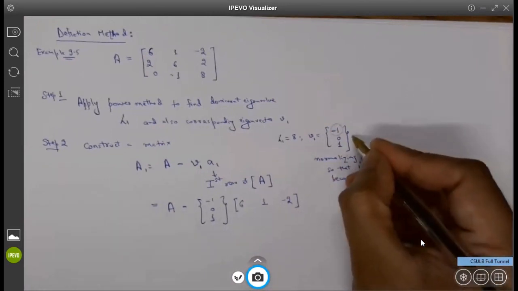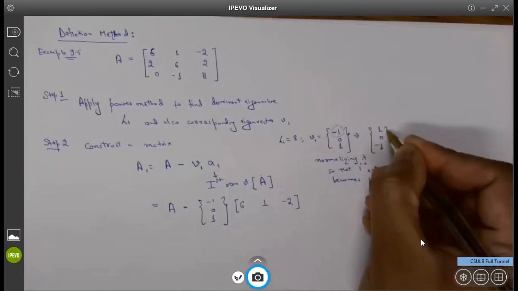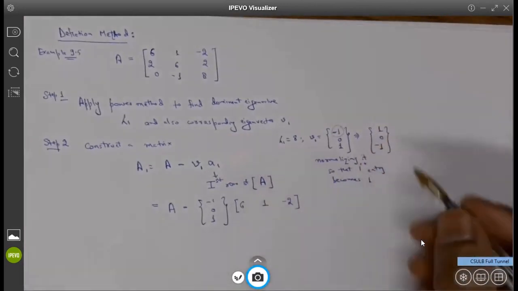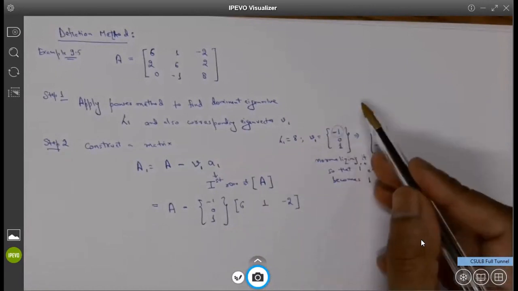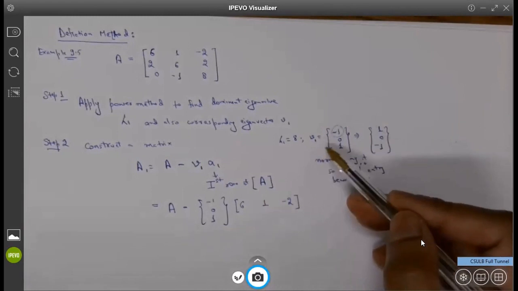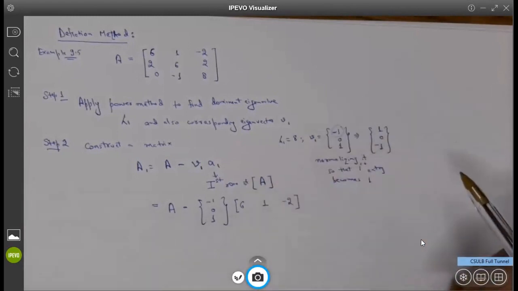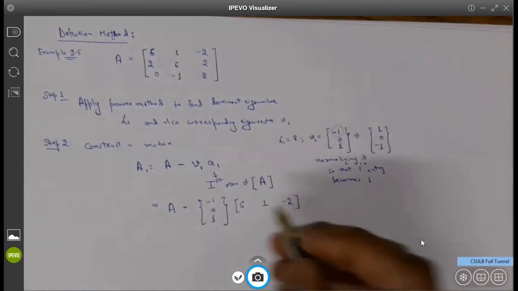Then it will become 1 0 negative 1, right? It is just the reverse direction of the eigenvector. If I multiply by negative 1, it points in the other direction, but the direction remains the same. Is everybody following so far?